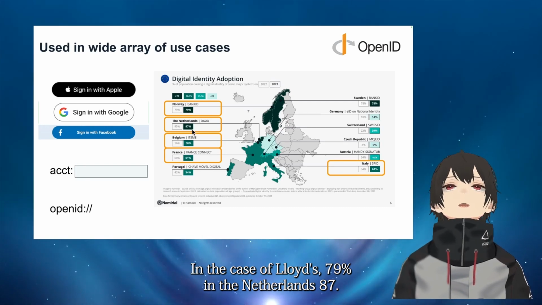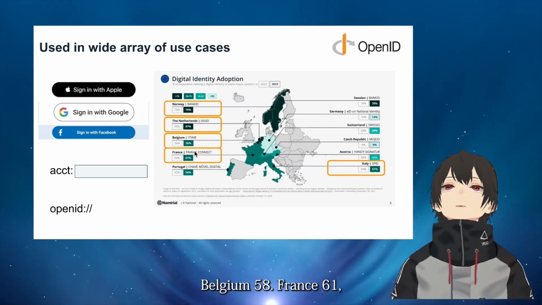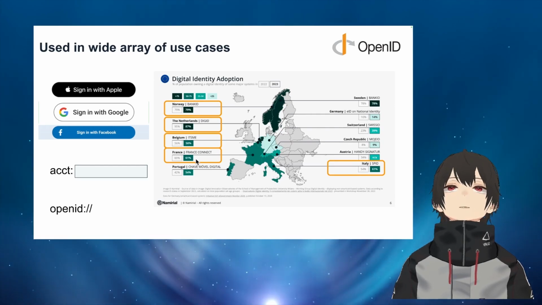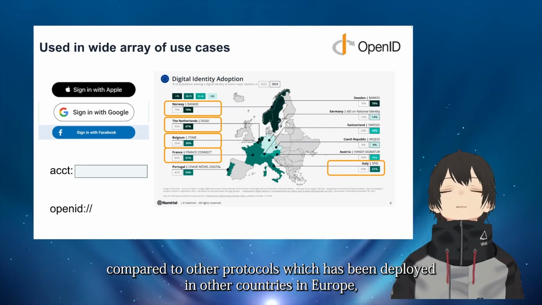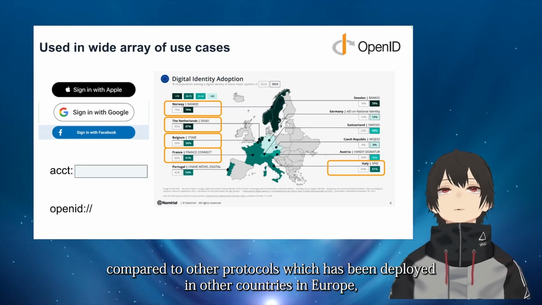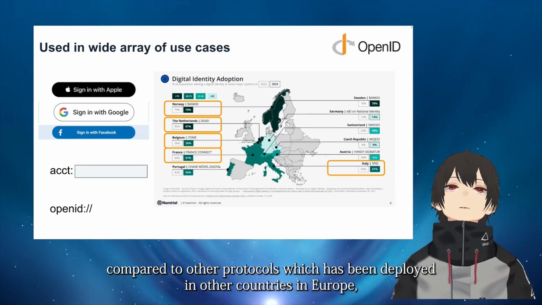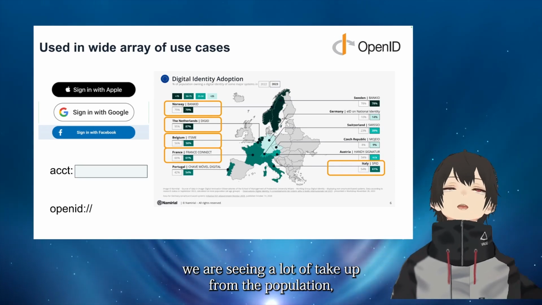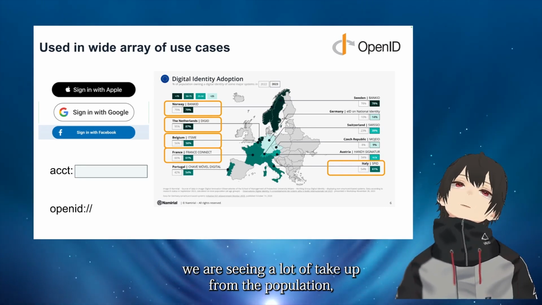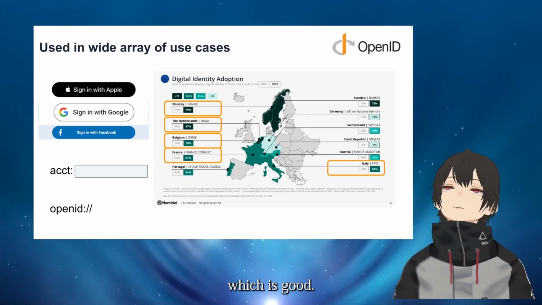In the Netherlands, 87%. Belgium, 58%. France, 61%. Italy, 61%. So compared to other protocols which have been deployed in other countries in Europe, we are seeing a lot of take-up from the population, which is good.